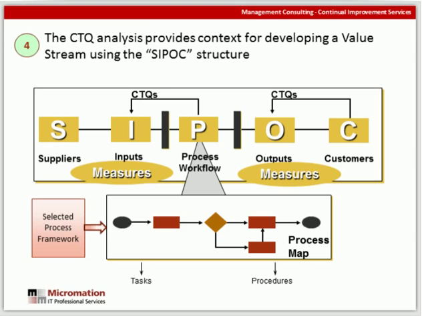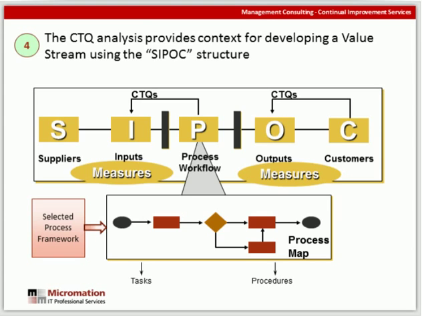So we know now the outputs that our process in the middle needs to create, but to create those outputs, to make that process work, we need a set of inputs. And those inputs are going to come from a set of suppliers, which may be internal, may be another department, it may be external. But whatever those suppliers are, we're going to need to define the quality elements we require on those inputs so that the supplier knows what our expectations are.